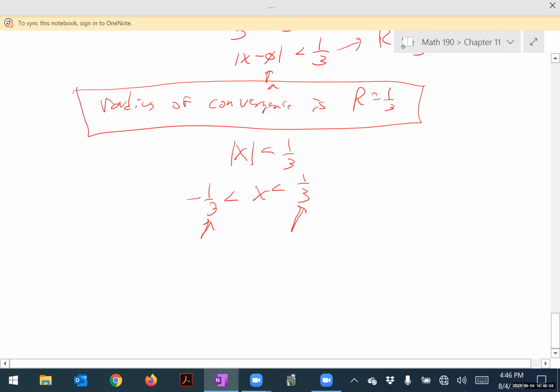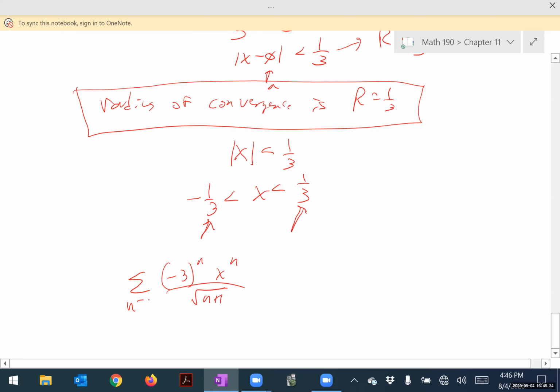Okay, so let's plug in some of these values. Let's look at the original series. The original series was the summation of -3 to the nth times x to the nth all over the square root of n plus 1. Let's first plug in 1/3.